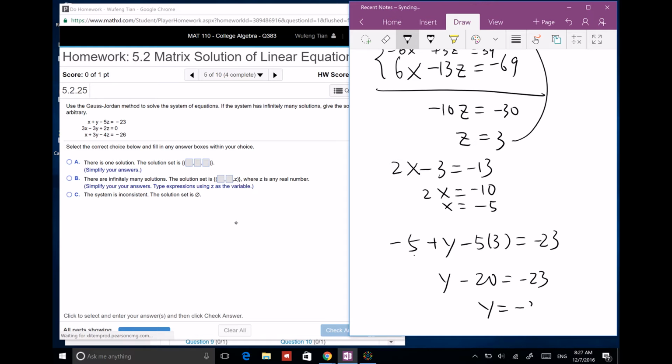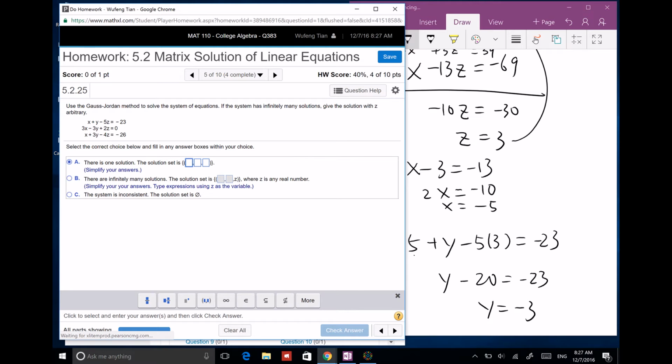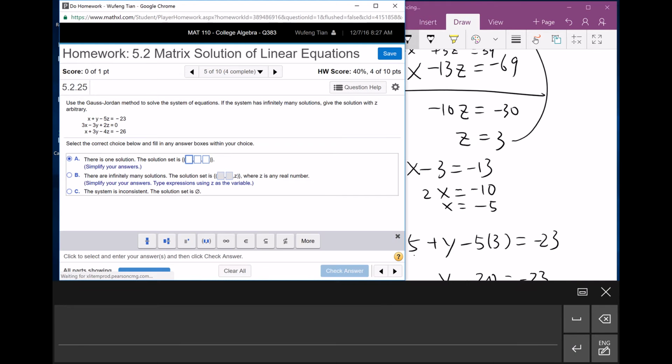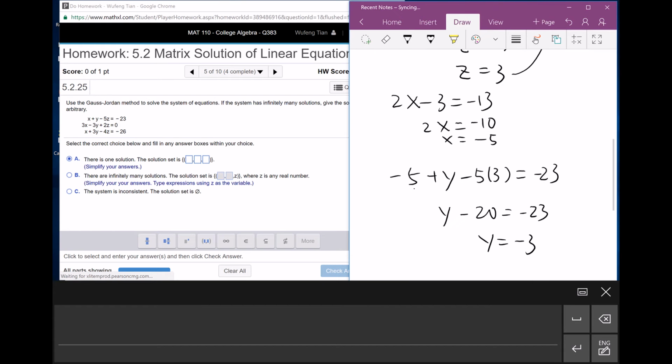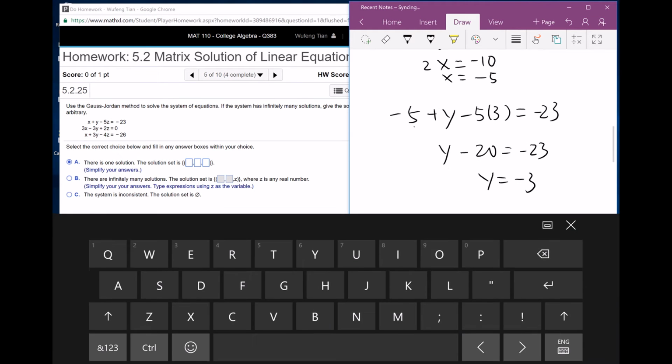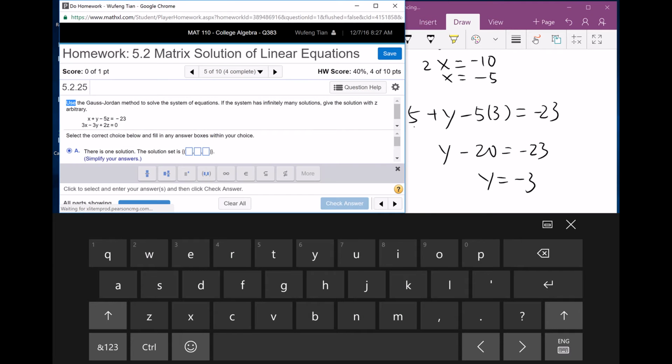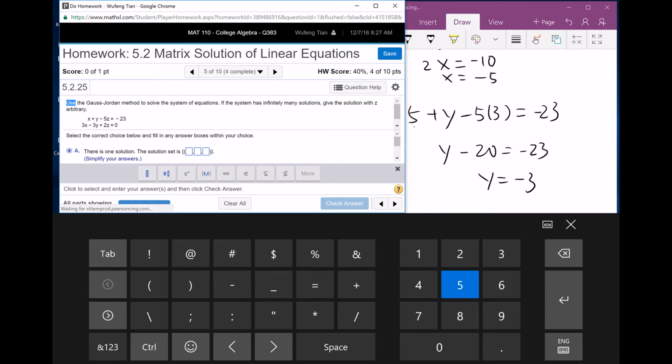Now you got a solution, which is x equals negative 5, y equals negative 3, z equals positive 3.